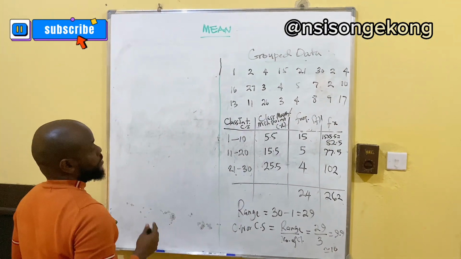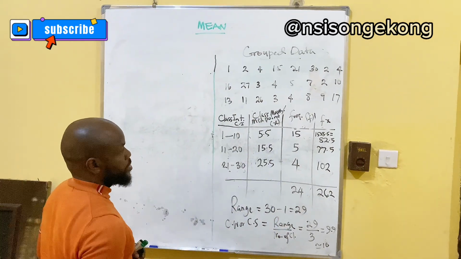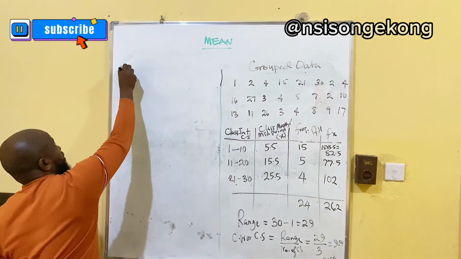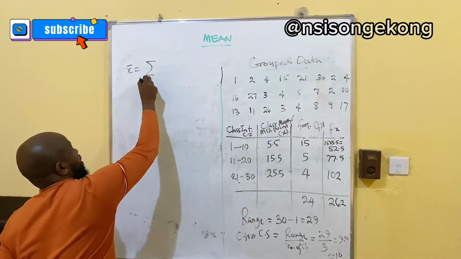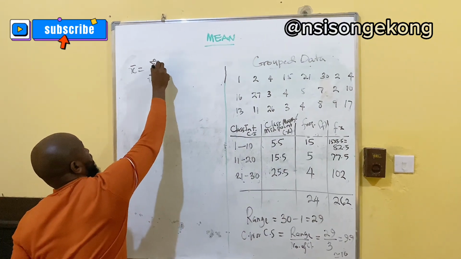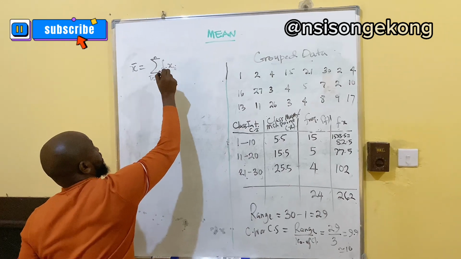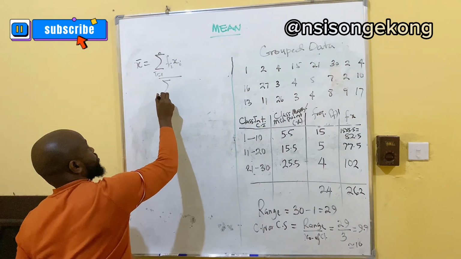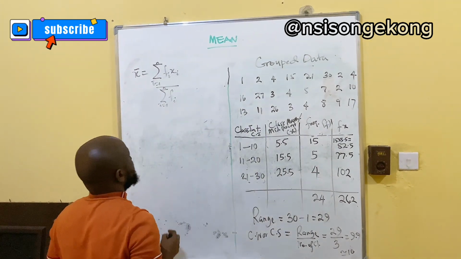For a data set that is grouped into frequency distribution tables of this form, the mean x bar is equal to the sum as i runs from 1 to n of the frequency multiplied by the variable, divided by the sum as i runs from 1 to n of the frequency.